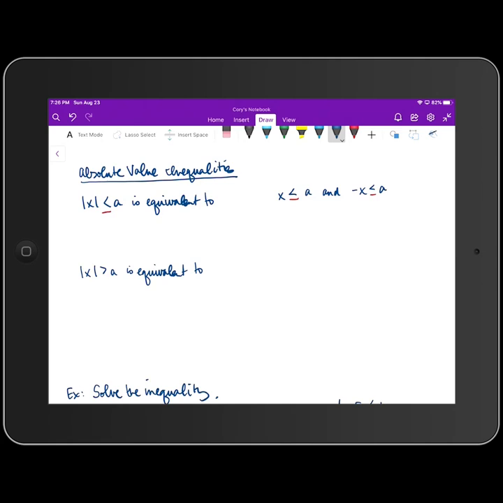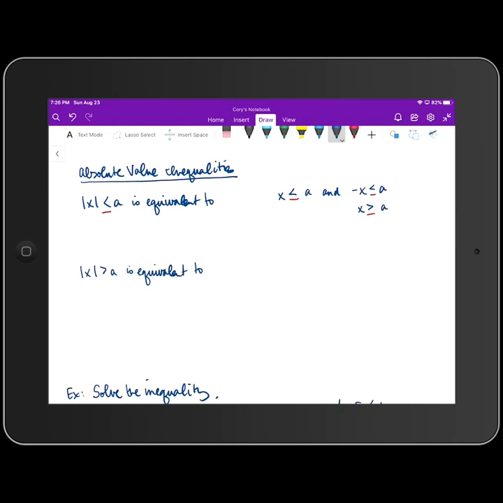Now, when I take the second inequality, again, we're going to be solving for x. So when I multiply or divide both sides by -1, that's going to become x, and then my inequality symbol is going to reverse. So x is going to be greater than or equal to -a.